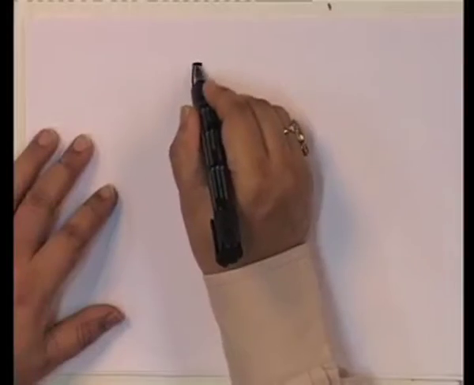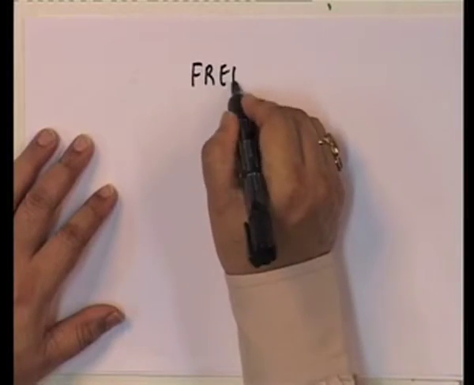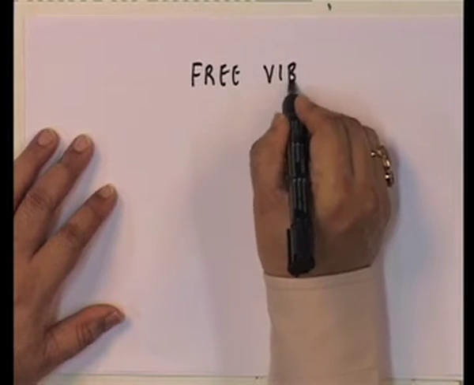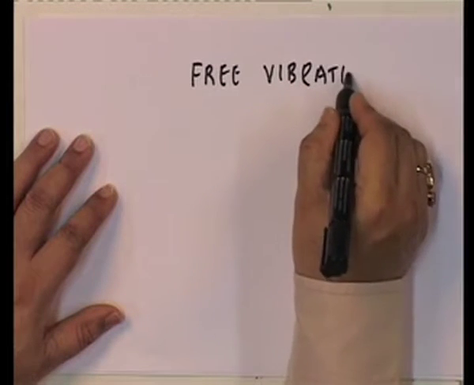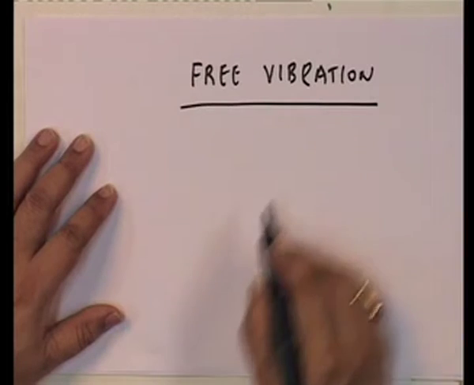Let us now move on, because ultimately equations of motion have to be solved. Okay. So, to solve the procedure, the next thing that I look at is free vibration. Okay.